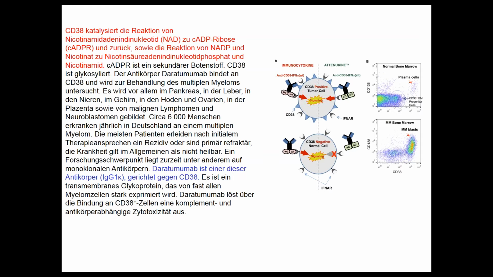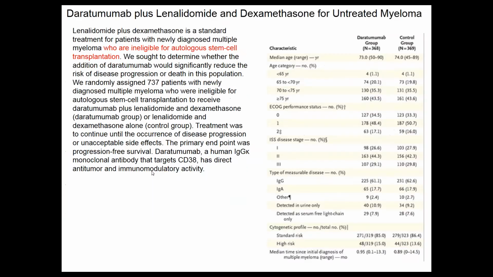And CD38 is a surface molecule that catalyzes reactions of NAD, nicotinamide adenine dinucleotide, and plasma cells express this particular protein. Now, there is an antibody that binds to this particular protein that we could use to perhaps target plasma cells that we can't get with rituximab, for instance.